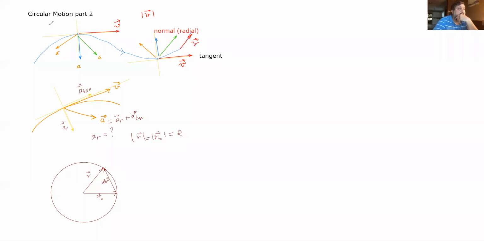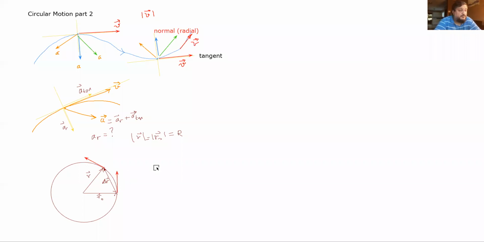Now, what about the velocities? Instantaneous velocities, which are perpendicular to the position vectors.